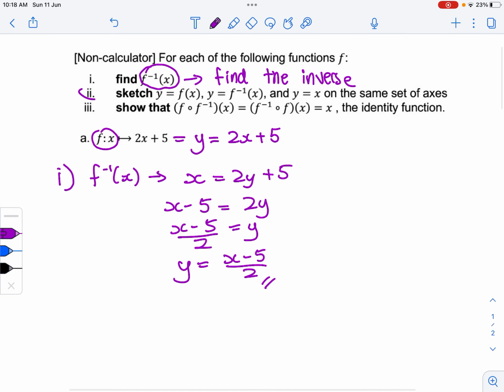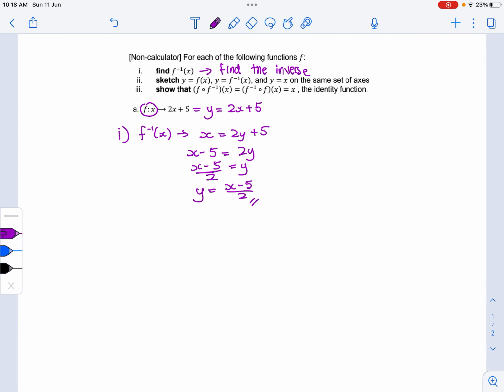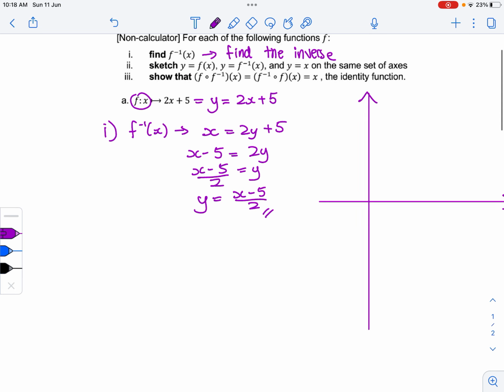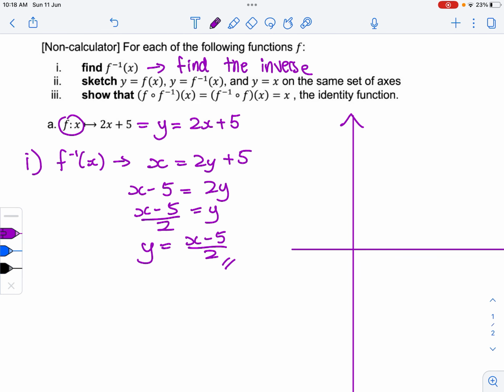Now for the second step, we want to sketch y equals f of x. Again, f of x is this one here. So basically, if I draw a graph here, remember when you want to graph f of x, y equals 2x plus 5, the 2 represents the slope and the 5 represents the y-intercept.